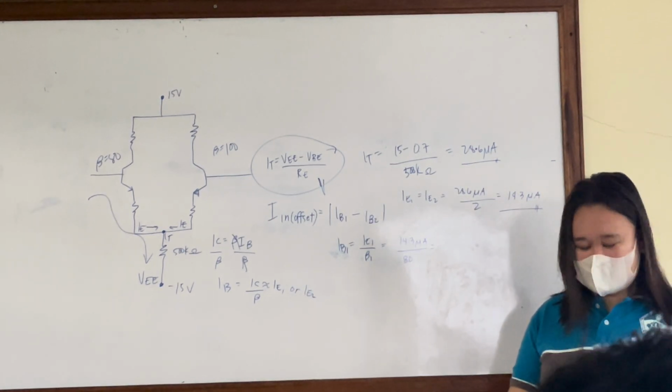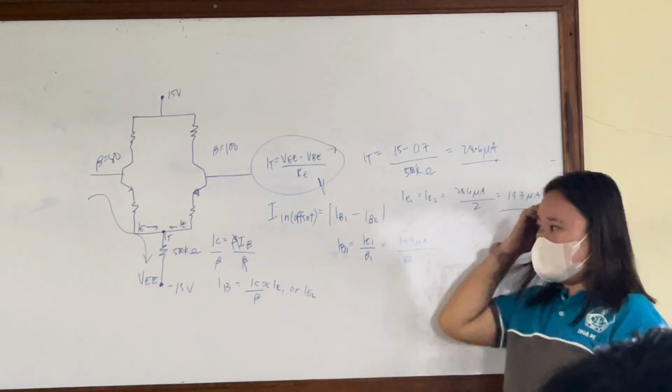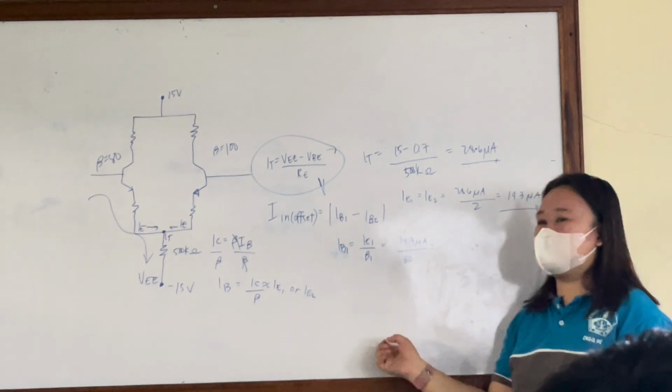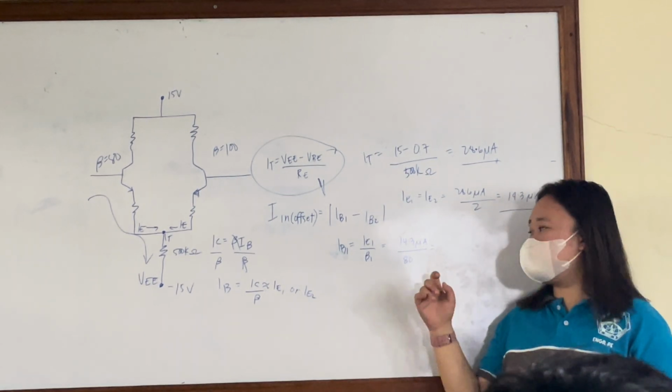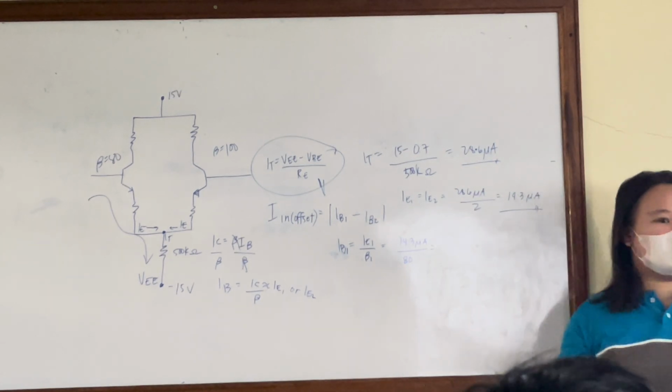So 14.3 times 10 to the negative 6 divided by 80.